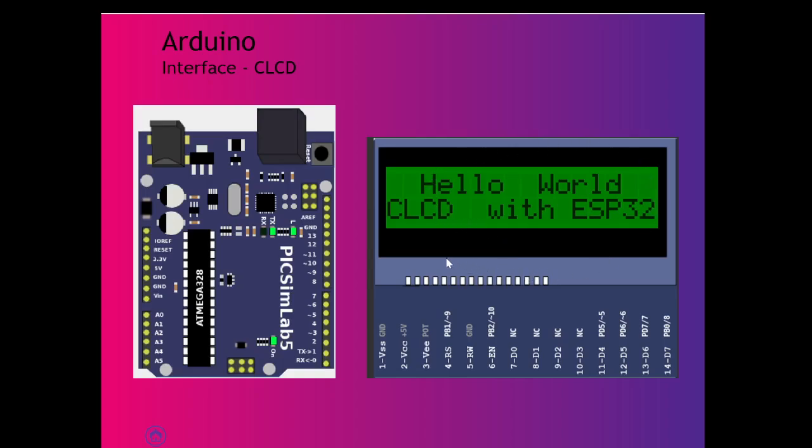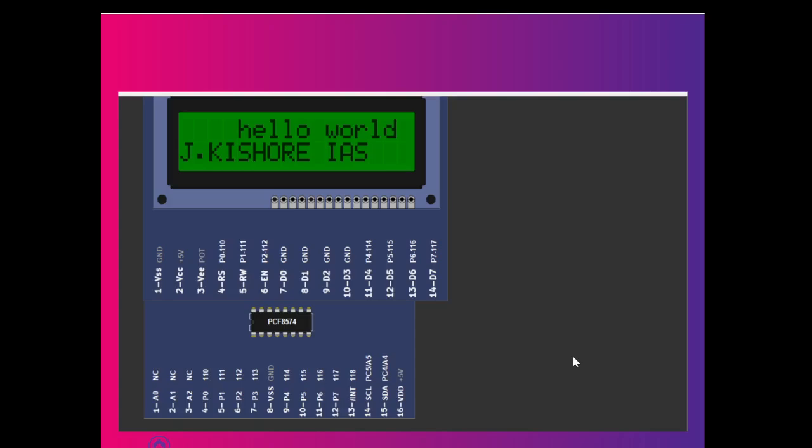Here we have an LCD which has digital pins. Here we have given a name as input, like Kishore IAS. We can see it as output.